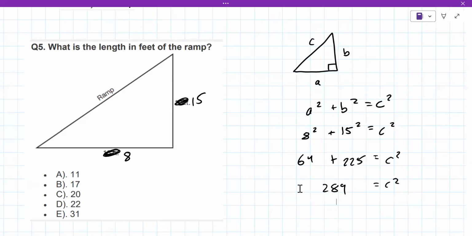B. It's B. Very good. All right, so I'm going to go ahead and stop right here for tonight.